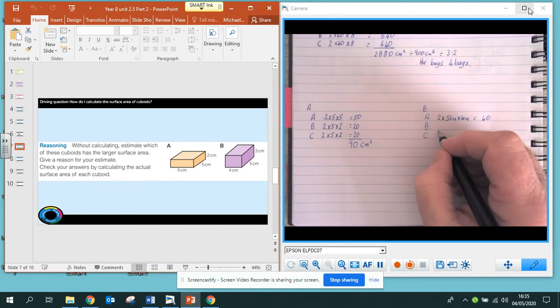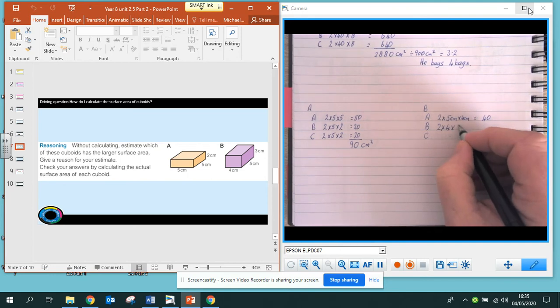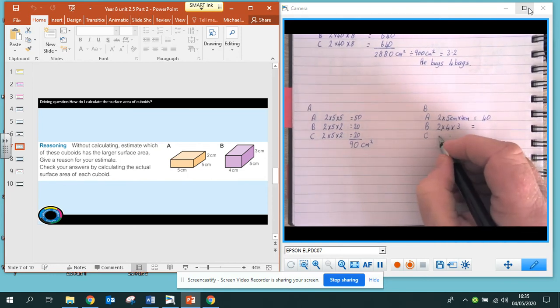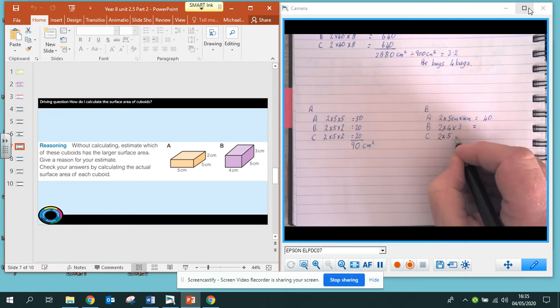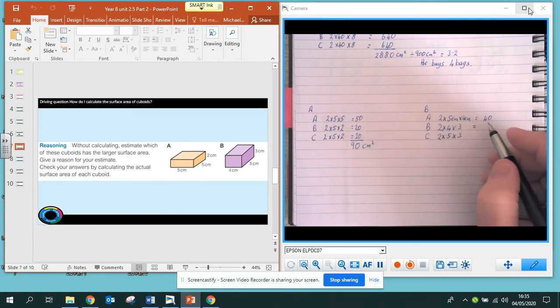The front elevation, 2, because front and back, times 4 times 3. And the side elevation, 2, both sides, times 5 times 3. So 2 times 4 is 8, times 3 is 24.